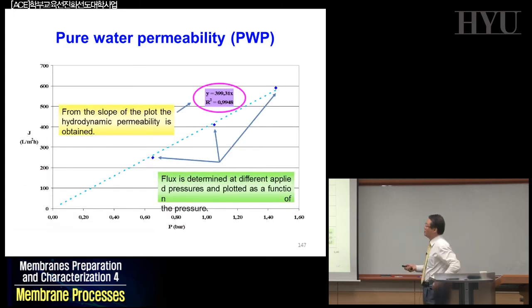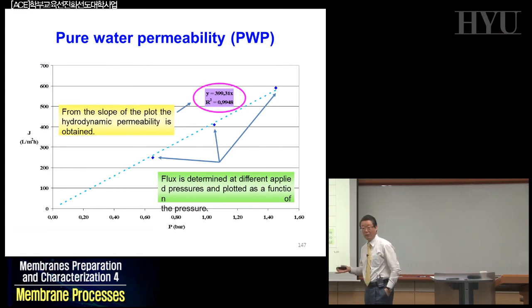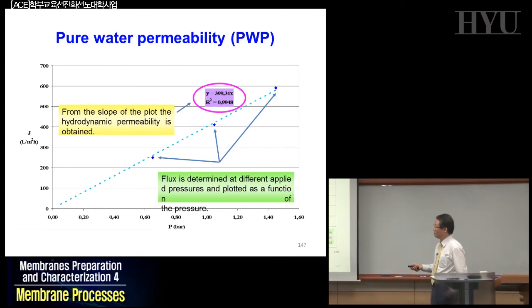In order to determine the permeability, you put your membrane into your cell and apply pressure with water filled on top of the membrane. Pressure can be plotted on the x-axis, and the water coming out through the membrane can be measured by volume or weight; if it's water, it's the same as kilograms.